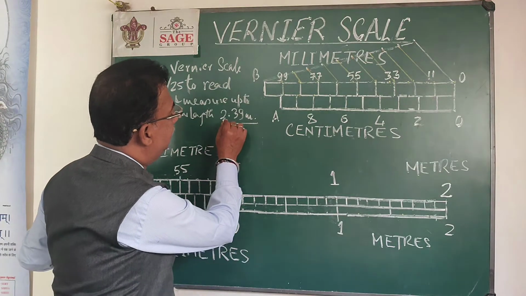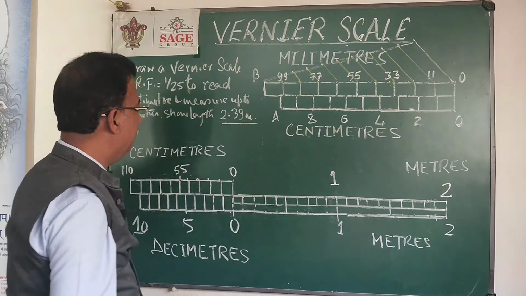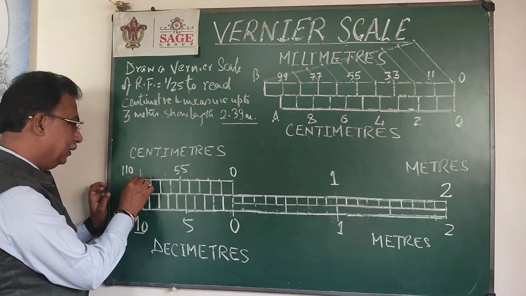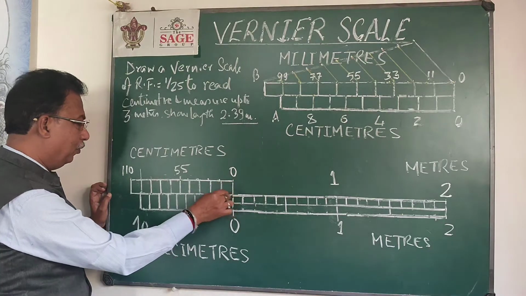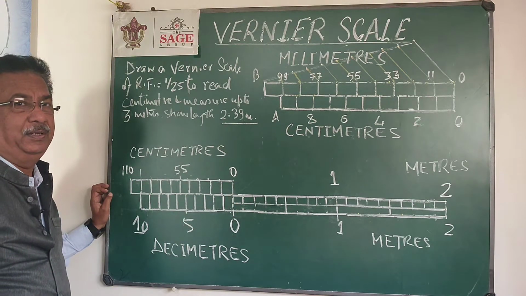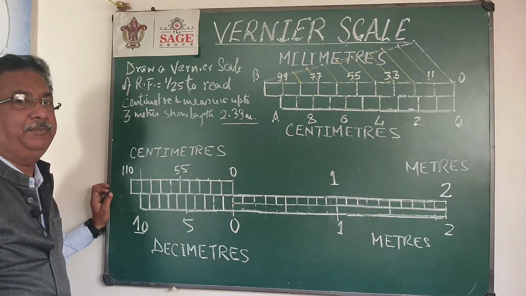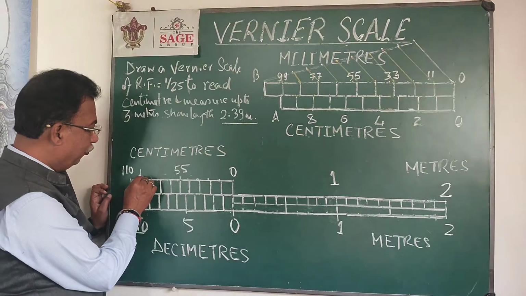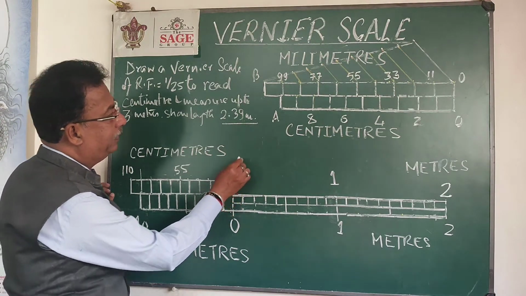As you see, the last digit 9 will be at this point. If I go to this point, the distance from this O to this point will be 99 centimeter. 99 centimeter means 0.99 meter. So if I go from this to here, that is 0.99 meter.